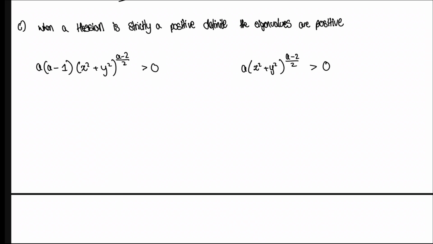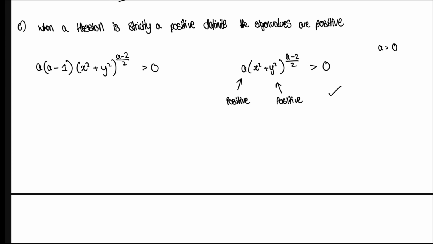Cool. So one thing that we do know is a is greater than 0. So if we look at this, a is going to be positive, and then any number squared plus another number squared is going to be positive. And then a positive number to the power of any number is also positive. So we know this is also positive. So this is all good.